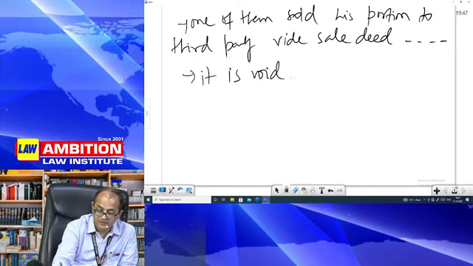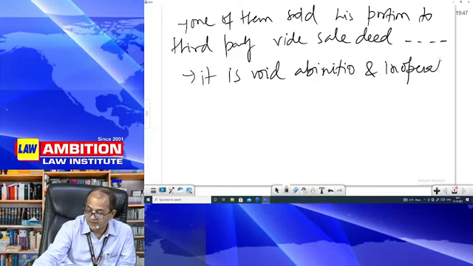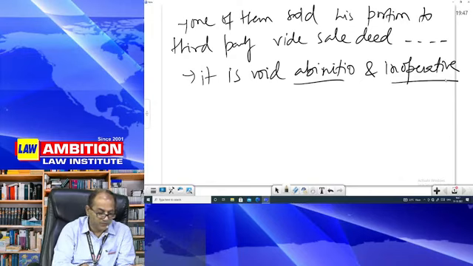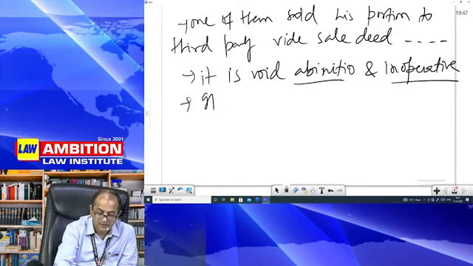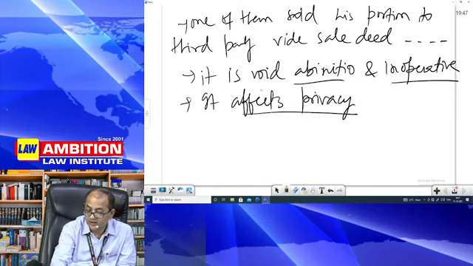This is what is ab initio and inoperative. That is what the plaintiff says. Void, ab initio and inoperative. All right. Says it affects privacy because you have sold the land adjacent to me.